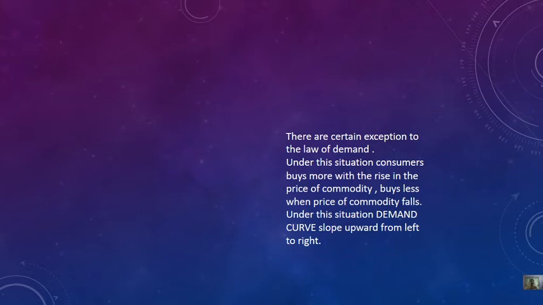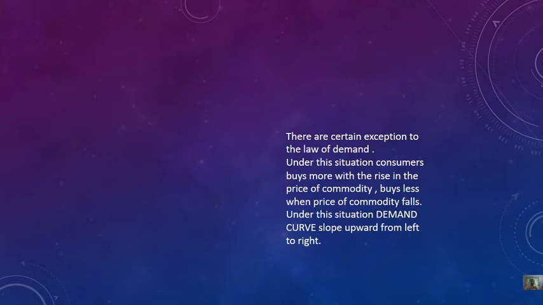Then the law of demand with assumptions and statement of the law of demand. So from this video lecture I continue the remaining part of this topic, that is exceptions to the law of demand.